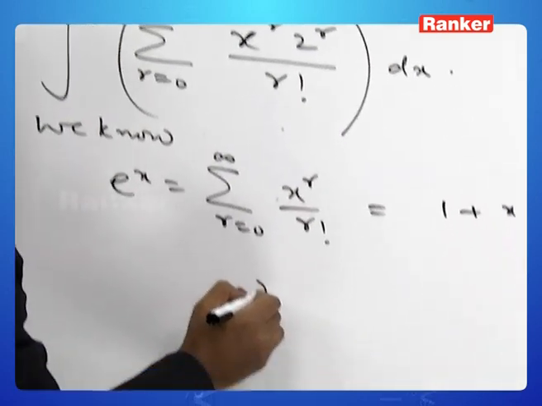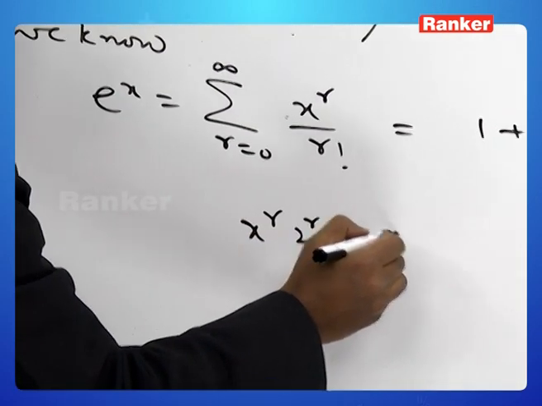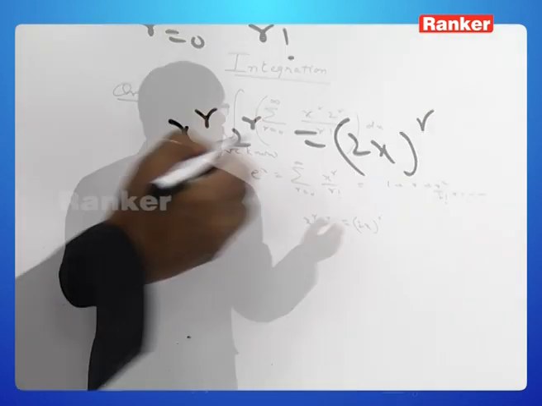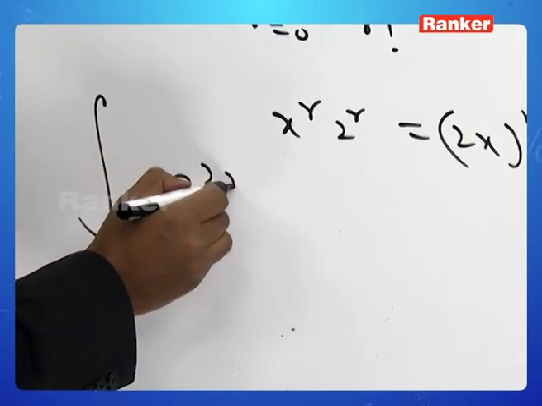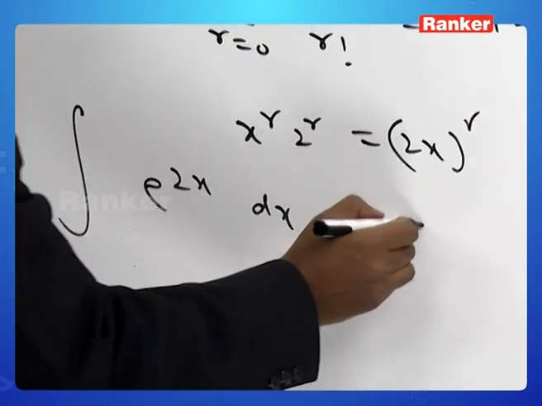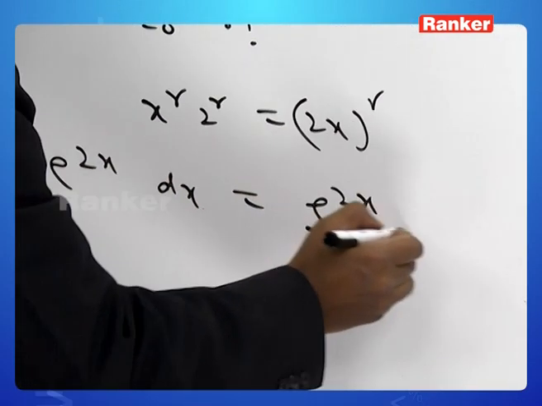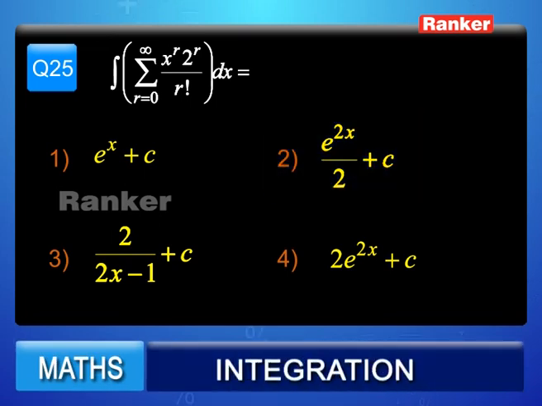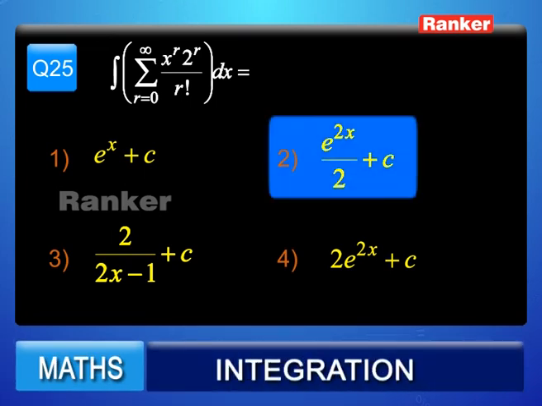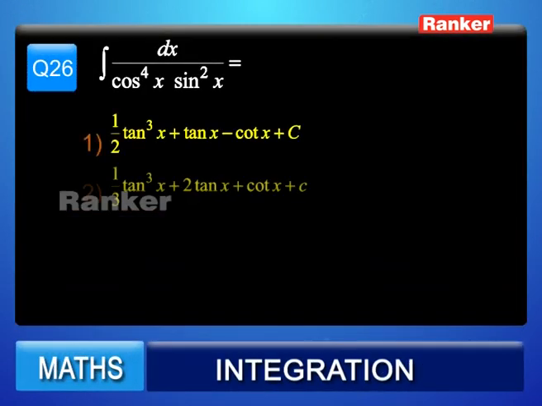This x power r into 2 power r, I can rewrite it as 2x power r. So now the integral is simply e power 2x dx, and that is clearly e power 2x by 2 plus c. Very clearly it is in option 2, so the answer is option 2. Let's move on to the next question, question number 26.